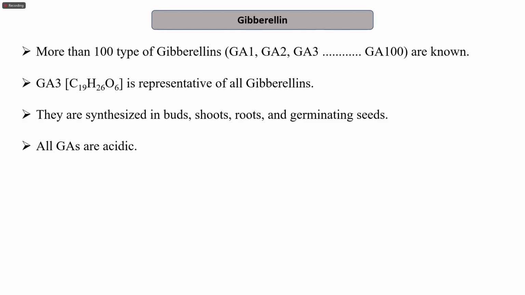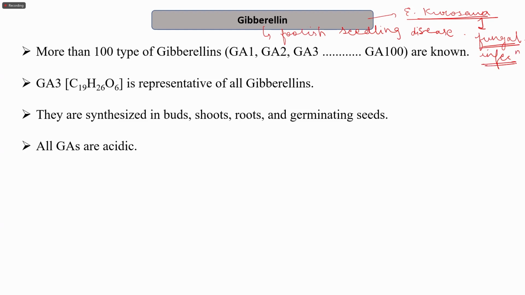Next is gibberellin. So gibberellin was identified in foolish seedling disease by E. Kurosawa, who observed the effect of a fungal infection, gibberellin, on rice, and found it leads to the elongation of the stem.